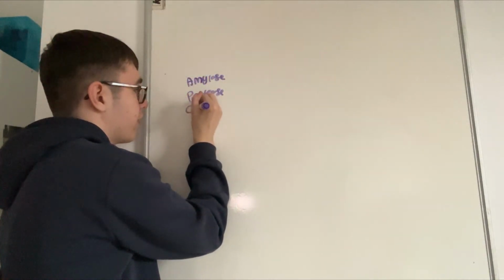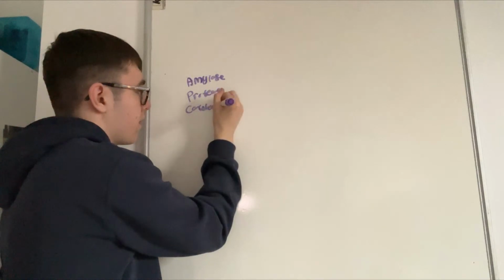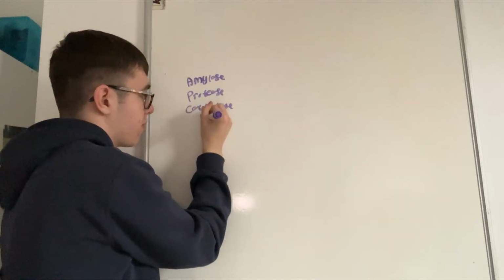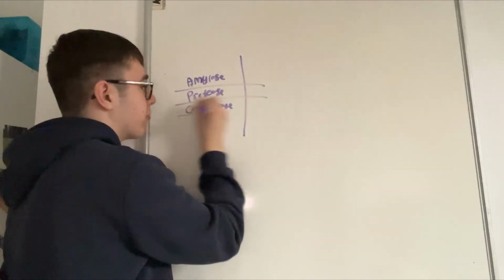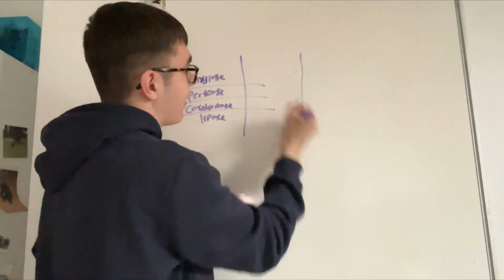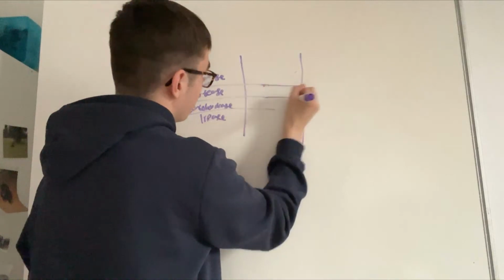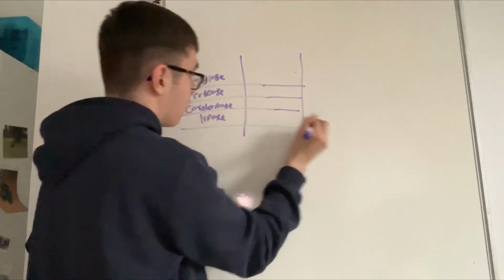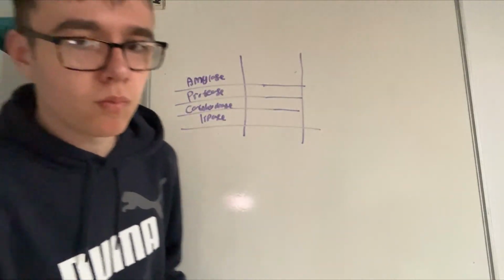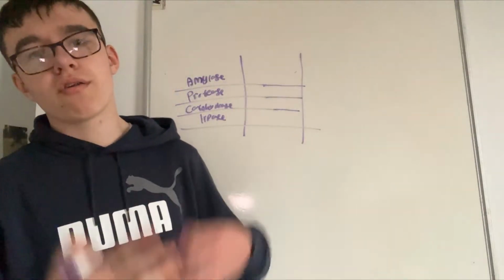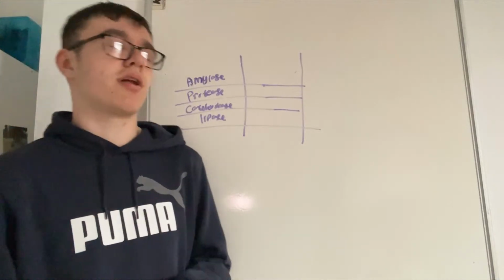Proteins, carbohydrates, and lipase. Honestly, the only bit that brain teases me is where they're found. That's the only bit that annoys me, because sometimes I'll forget one of the obvious ones. So, amylase, what does that do, guys? What does amylase do? Well, it's obviously an enzyme.